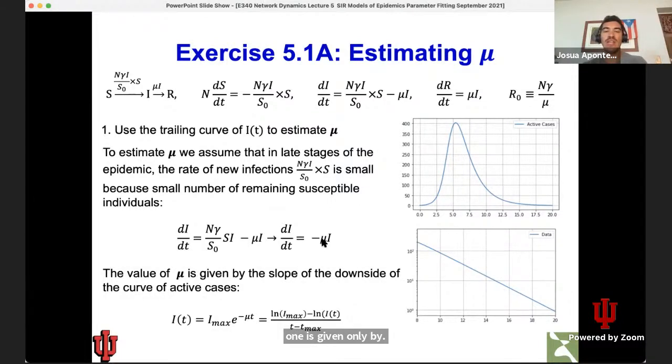If we integrate this differential equation, we get this solution. Using it, if we pick a high point on the downside of the curve, and then pick another point and look at the slope, that slope gives us the value of mu.